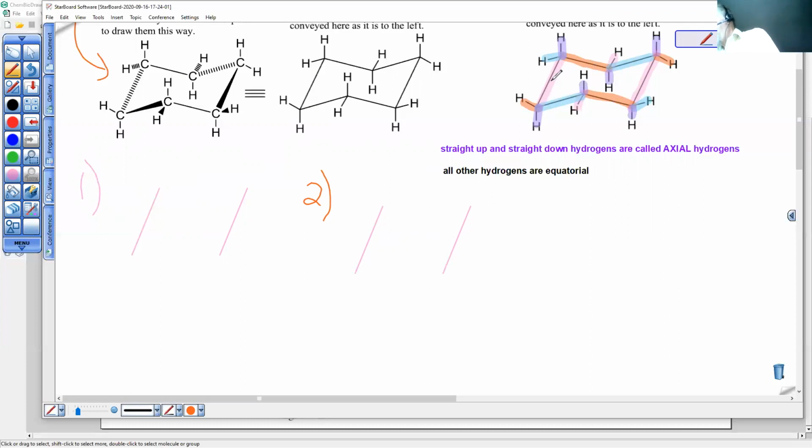The only thing straight up or straight down are these axial H's. So I want an angle downwards, and you will do yourself a favor if you go past halfway. Notice how that's past halfway? It's a little more severe angle than the one up there. I mean, we can get away with that. You don't have to have it exactly like this.